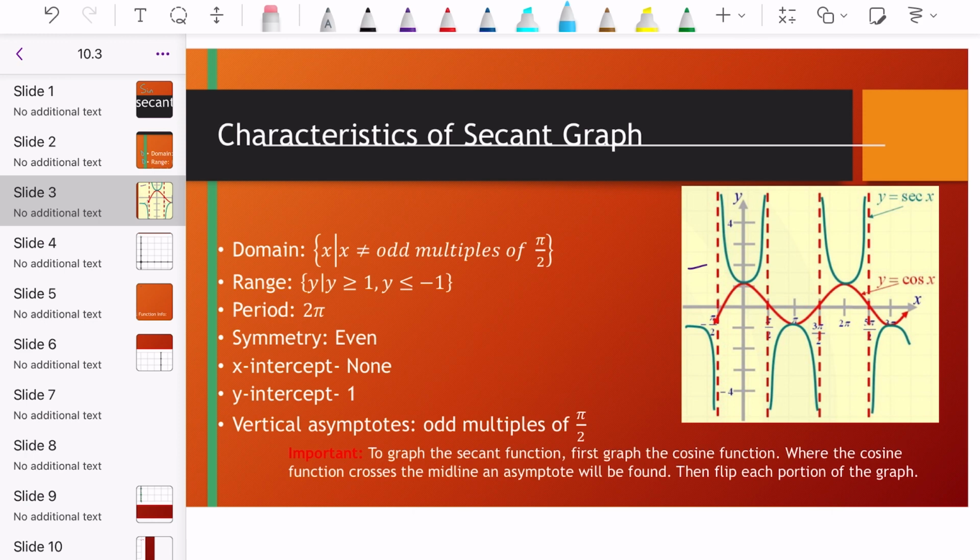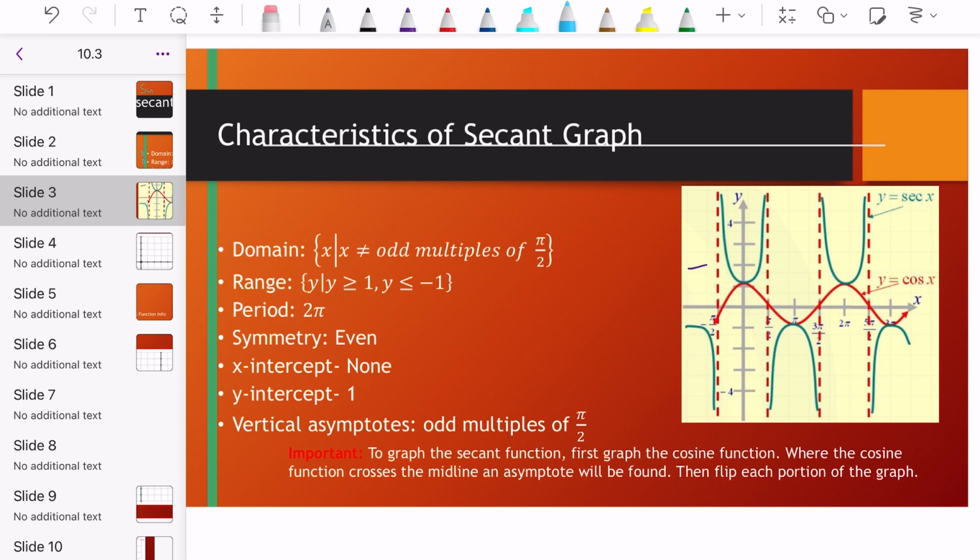Now, for our secant graph, remember, this is going to be in reference to cosine. This, once again, is going to be very similar to what we just took a look at with our sine. Our secant graph is going to be similar, but slightly different because we are going to have x such that x does not equal odd multiples of pi over 2.